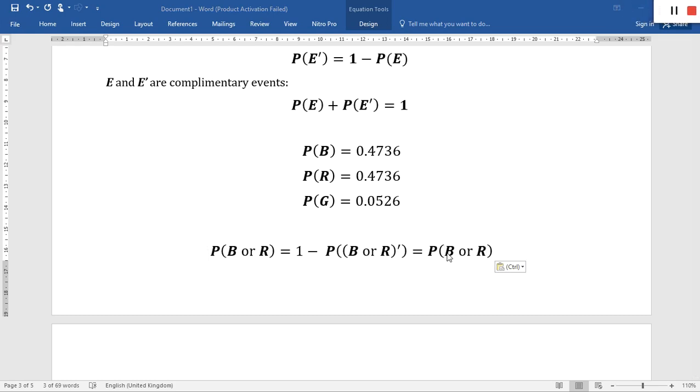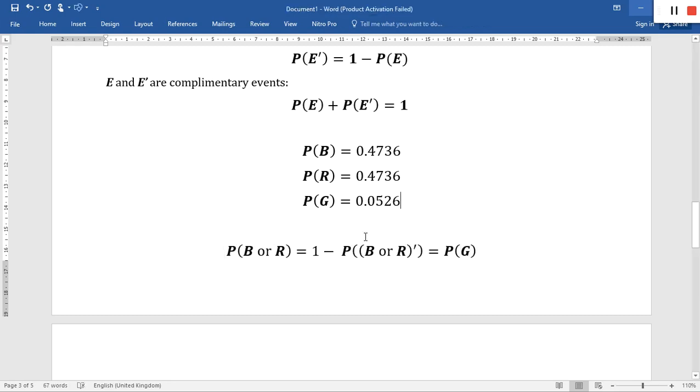The only event where we will not get a black or a red is what? You are correct, only that you have used probability instead of event. The only event where we will not get a black or a red is a green. So when we say a black, it's like the event of getting a black. When we say a green, it's the event of getting a green.